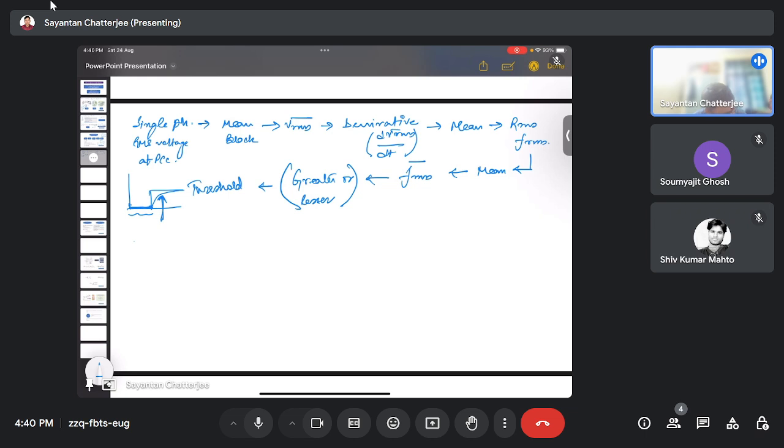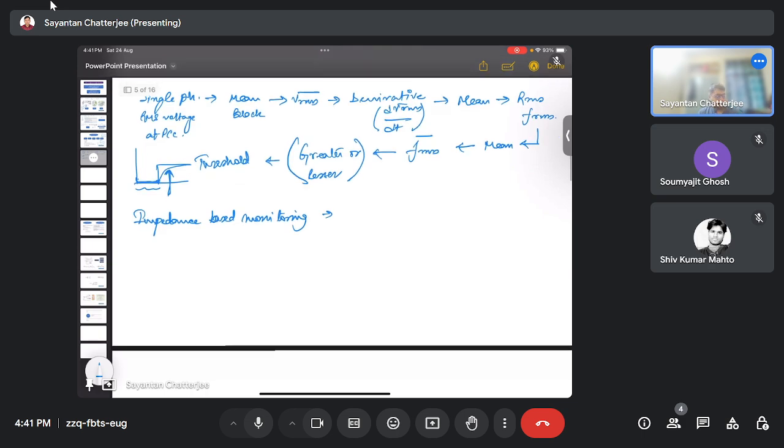Again, from the impedance based monitoring, we have another technique, the impedance based monitoring technique. So here, let's suppose we have the capacitors, inductors, and all the resistances placed. This is for the grid side.